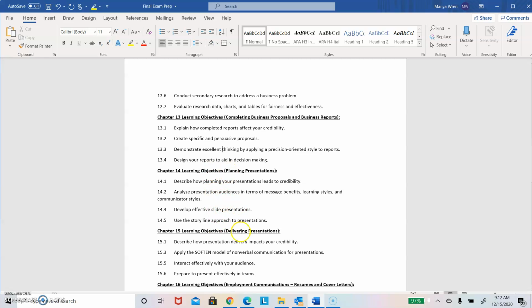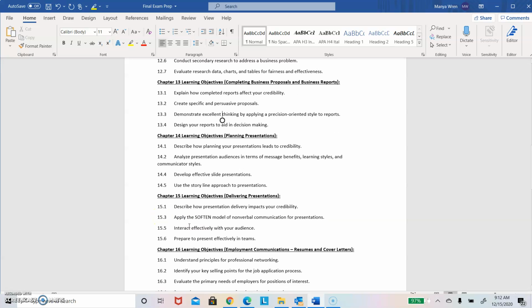The next two are based on presentations. There's planning and delivering presentations. You should be familiar with these. The learning outcomes for Chapter 14 are 14.1, 14.2, 14.4, and 14.5. And then for Chapter 15, 15.1, 15.3, 15.5, and 15.6.